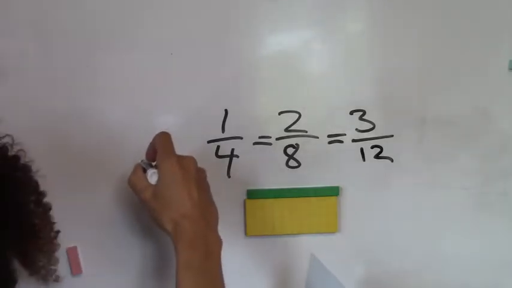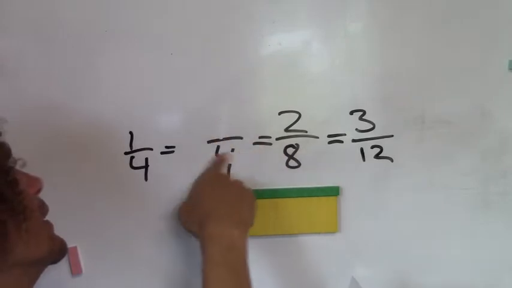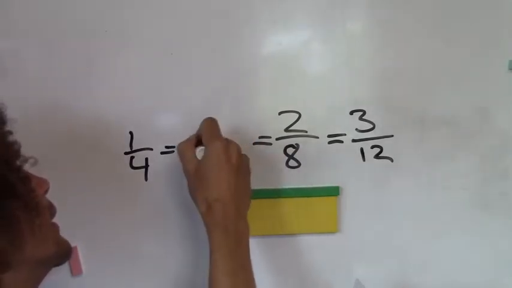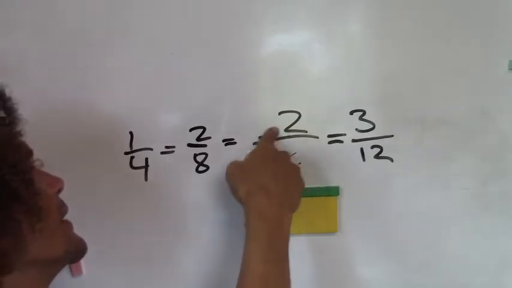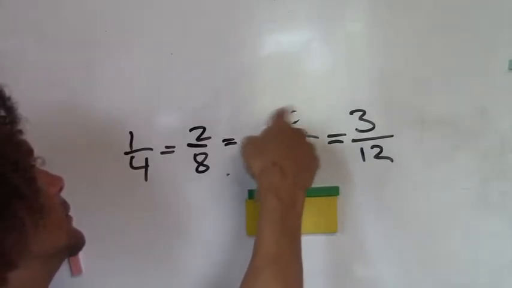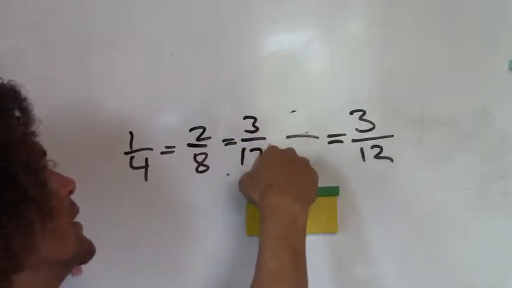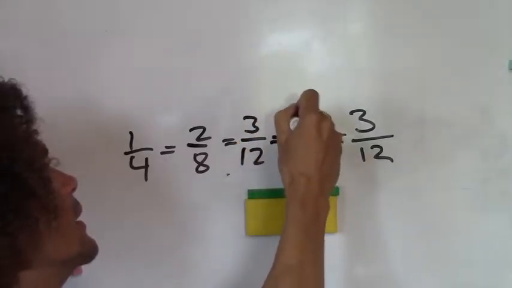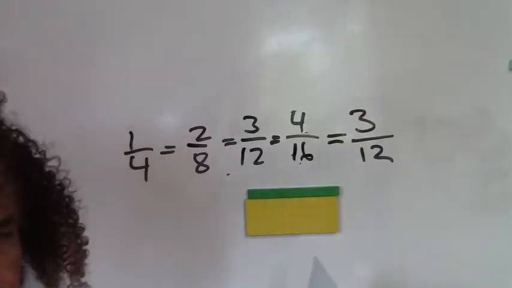In fact, you know what? I'm going to move over here. 1 to 4 is the same thing as 2 to 8 is the same thing as 3 to 12 is the same thing as 4 to 16, right?